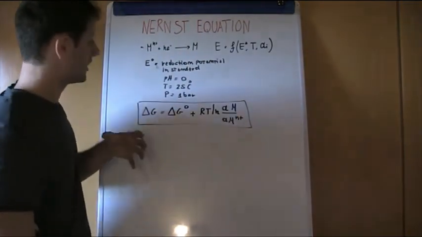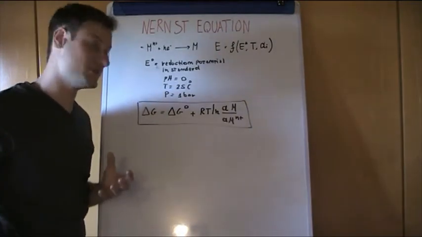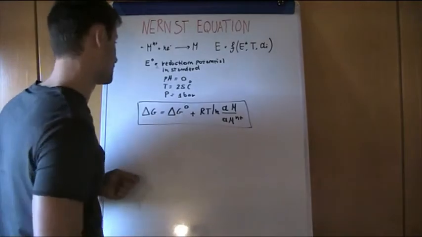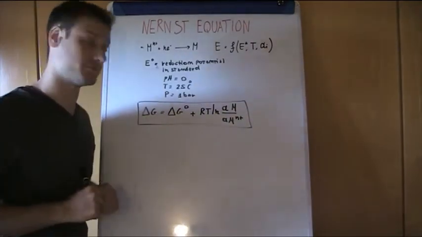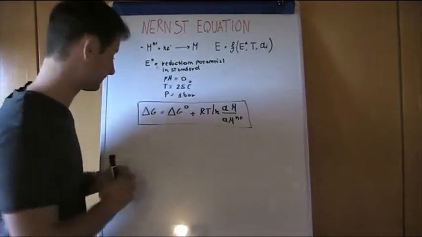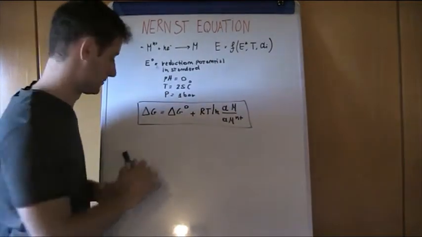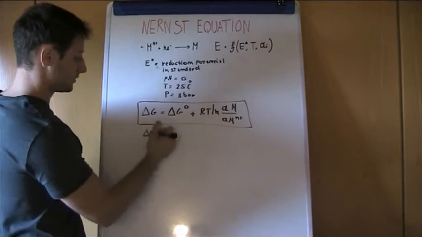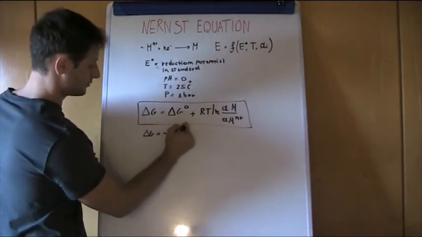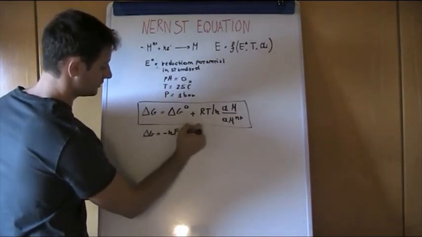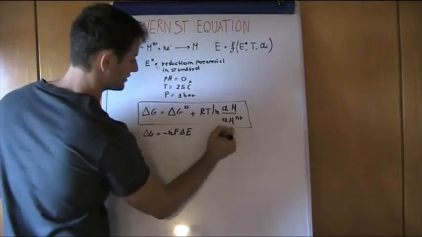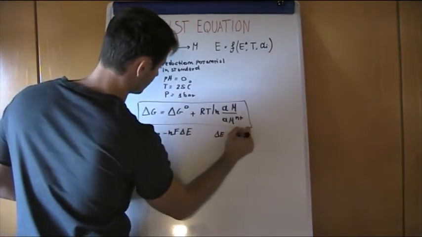But now, remembering the last video, we have described how there exists a relationship between the variation of the Gibbs free energy and the potential. And this relationship is equal to this. For simplicity, we can say that this is equal to this.